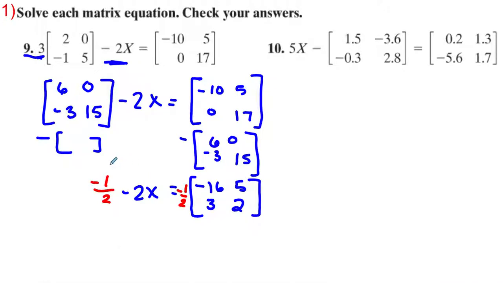Okay, so these cancel out, and you're left with -16 over -2 is 8. 5 divided by -2 is -2.5. -1/2 of 3, or 3 divided by -2, is -1.5. And then 2 times -1/2, or 2 divided by -2, is -1. And that would be your final answer.